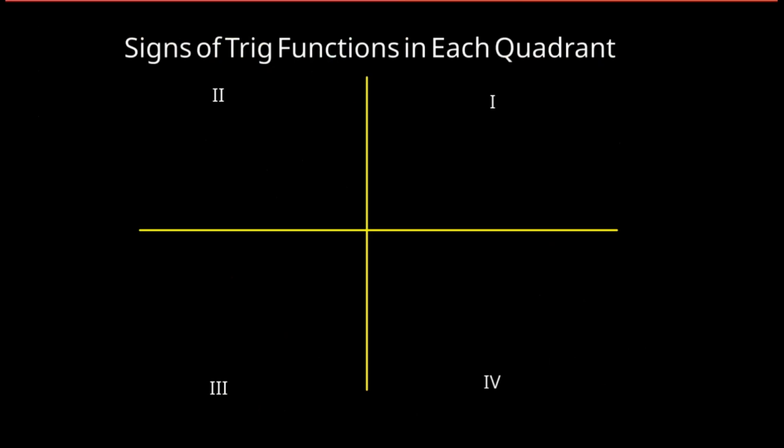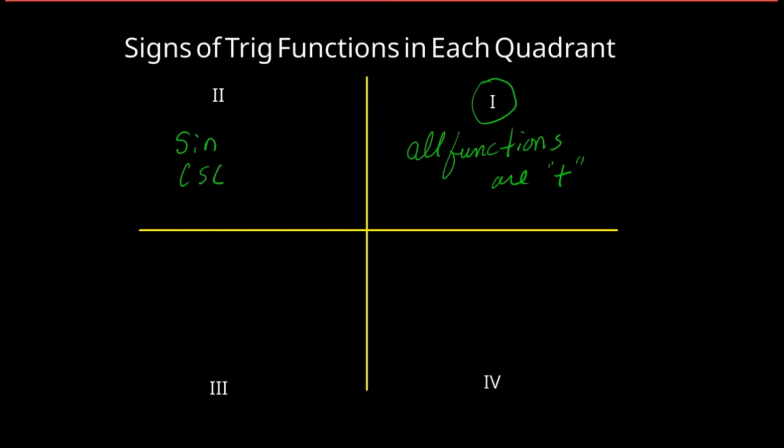In case you didn't catch all the signs that I was using earlier, in quadrant 1 here, all functions are positive. In quadrant 2 here, these are positive.